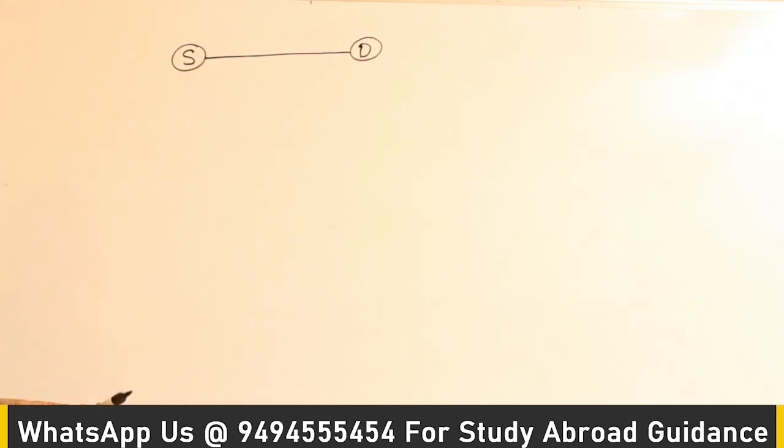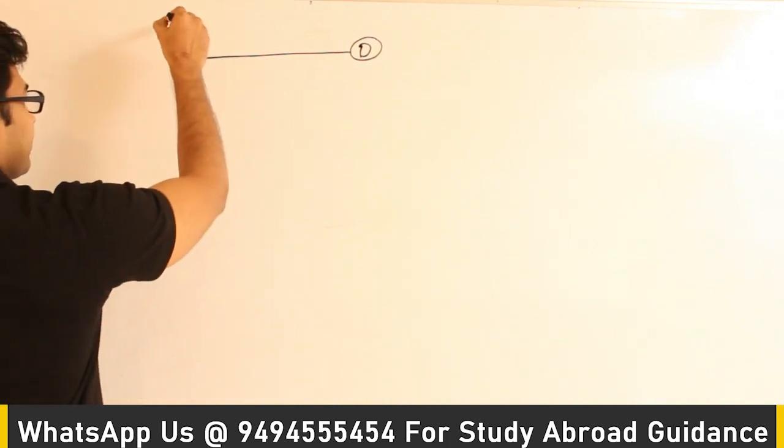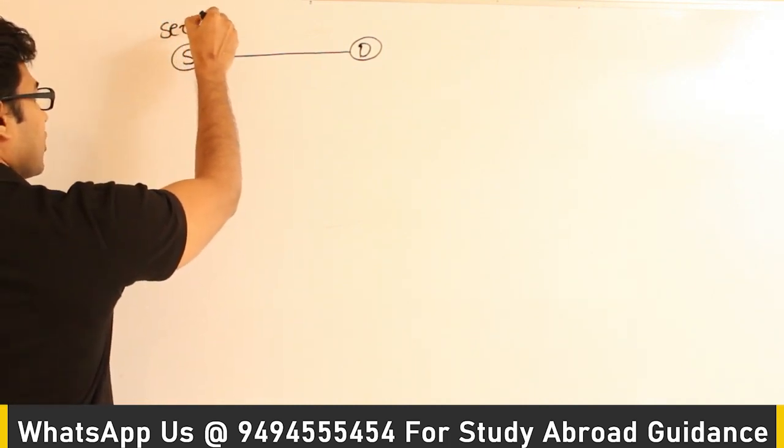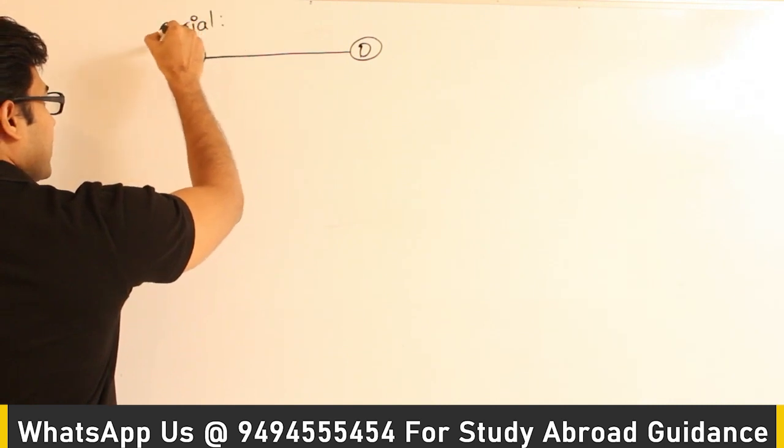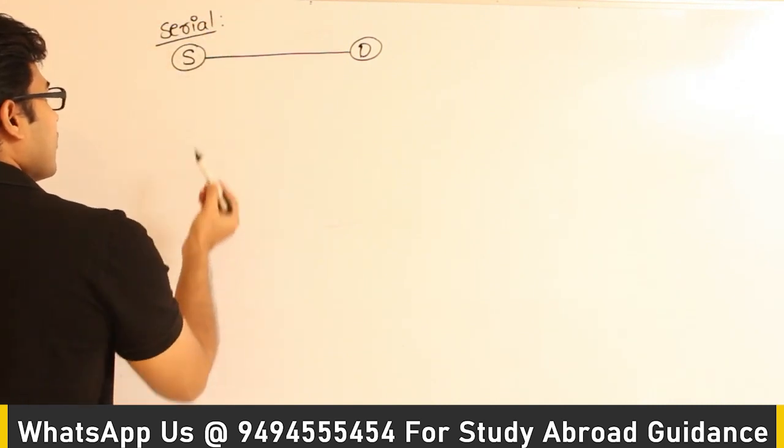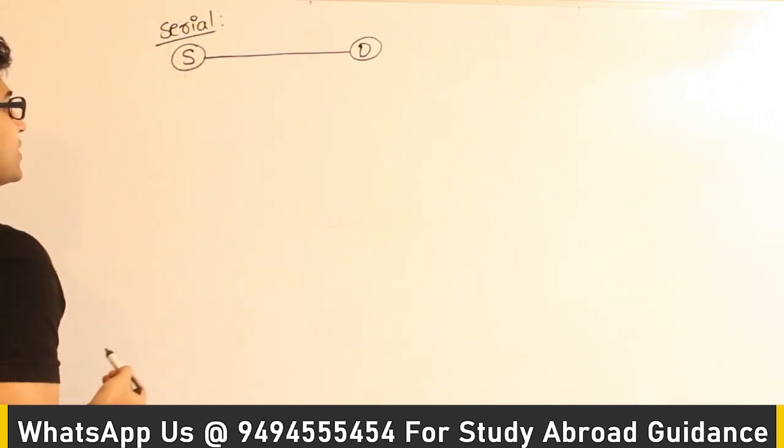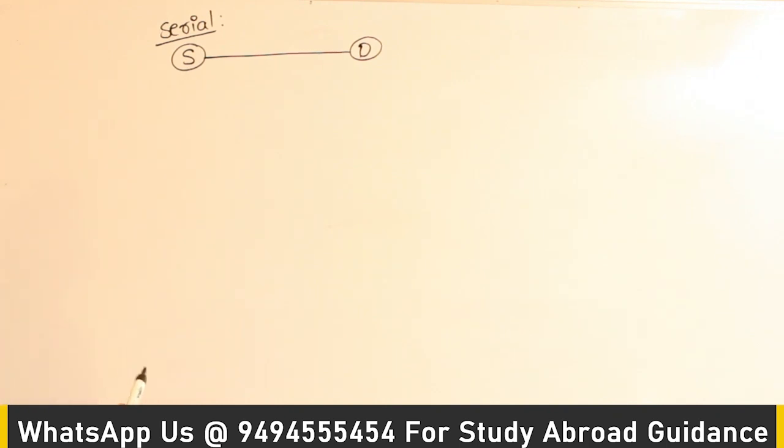This is called the serial mode of transfer. It happens in most devices, like the keyboard to CPU, which are connected using a single conductor, so serial mode is used.